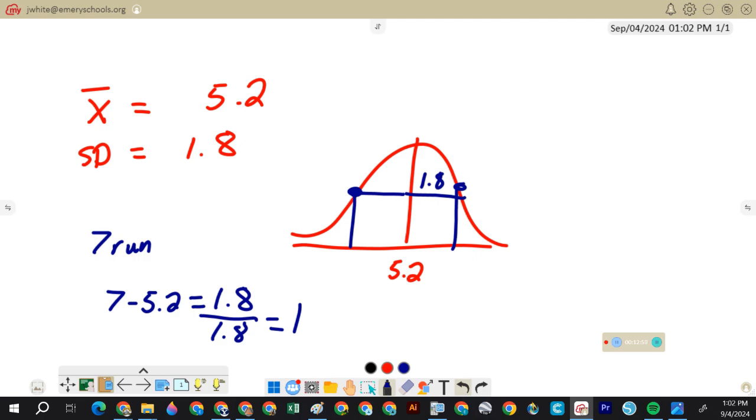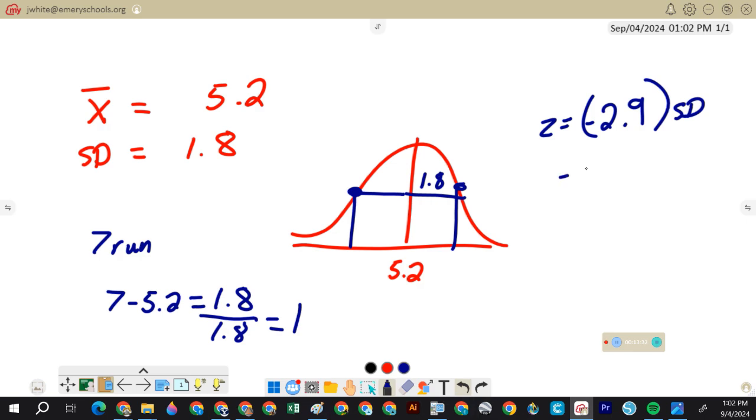Okay? So what if your game had a z-score of -2.9? How many points were in that game? Well, the formula for value, we'll write that in a minute. Let's just figure it out. So -2.9 what? Standard deviations. And how big is a standard deviation? 1.8.